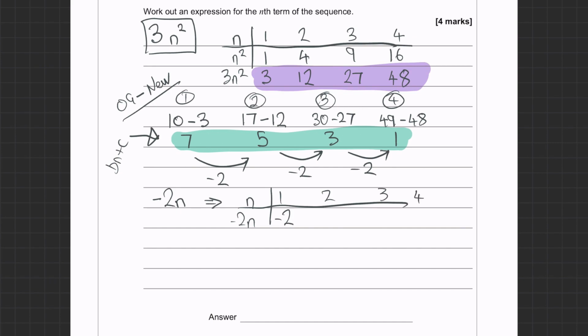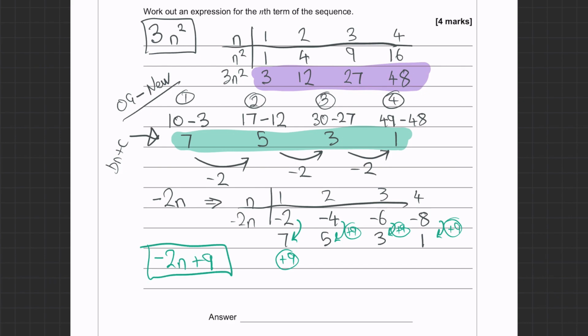So minus 2, minus 4, minus 6, minus 8. Then how do we get from this to 7, 5, 3, and 1? Well, to get from minus 2 to 7, you need to add 9. To get from minus 4 to 5, you add 9. Minus 6 to 3, add 9. And funnily enough, minus 8 to 1, you add 9. So this sequence must then be minus 2n plus 9.